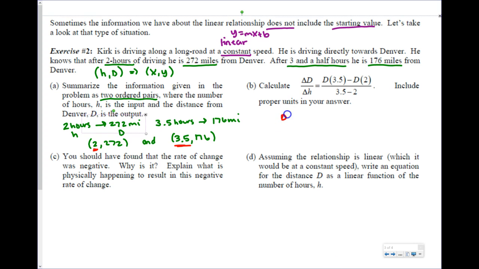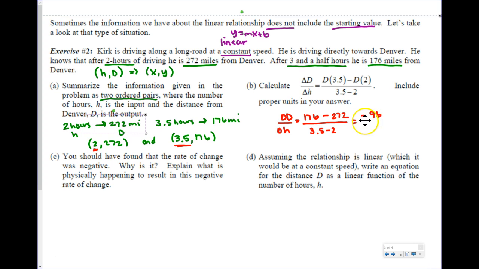So let's finish that. Change of distance over the change of time. D of 3.5 is 176, and d of 2 is 272. So you're really just subtracting the y's, and then 3.5 minus 2. Now we simplify. 176 minus 272 is negative 96.